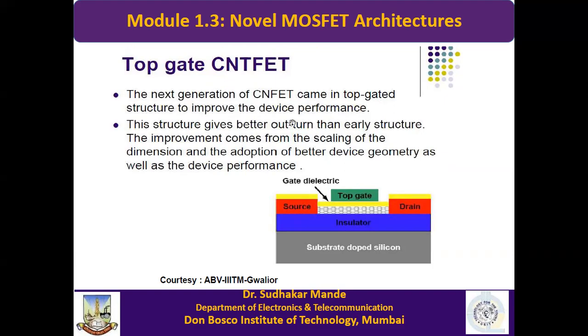This is improved performance. So this structure gives a better performance as compared to the previous one. If you see here, this is the substrate, doped silicon material, then an insulator is put, then this is the source contact, this is the drain contact, and whatever you see is your carbon nanotube.